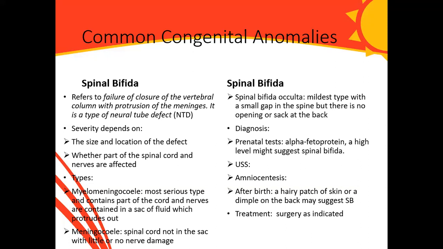Many times, prenatal tests with alpha-fetoprotein will suggest the presence of spina bifida when you have very high levels of alpha-fetoprotein. Ultrasonography can be done. Amniocentesis, like I mentioned, at 14 to 16 weeks. After birth, there may be a hairy patch of skin or a dimple. Treatment is usually surgery.